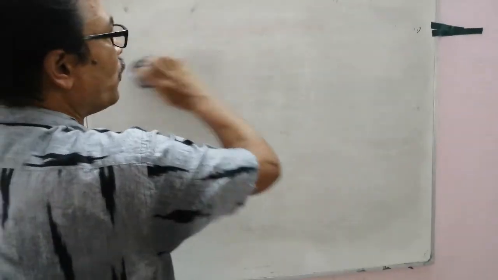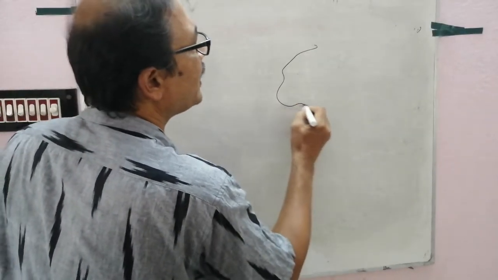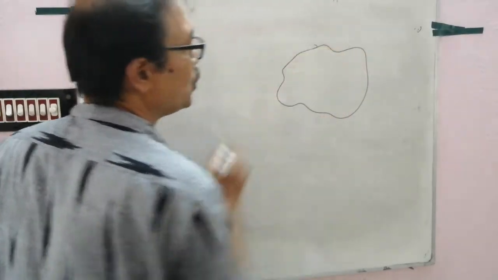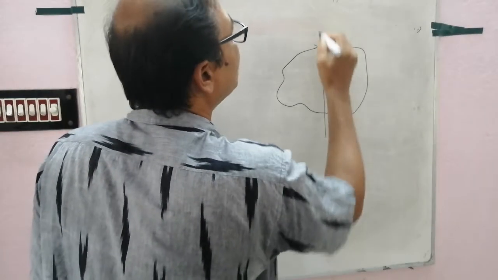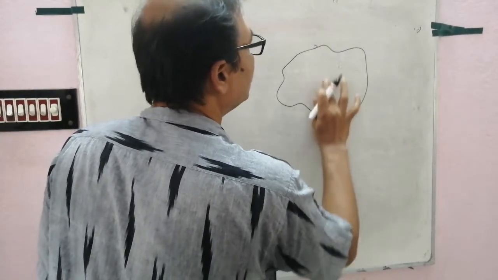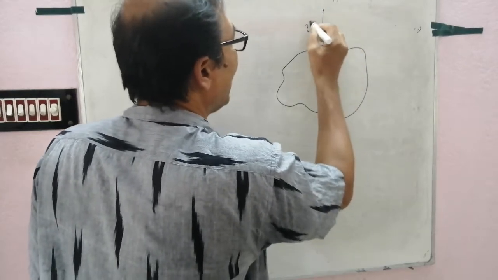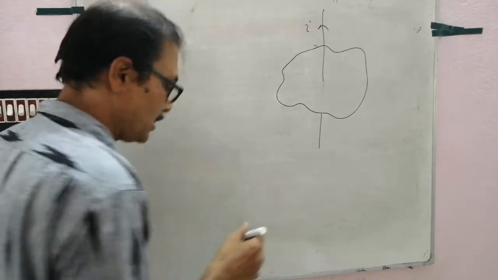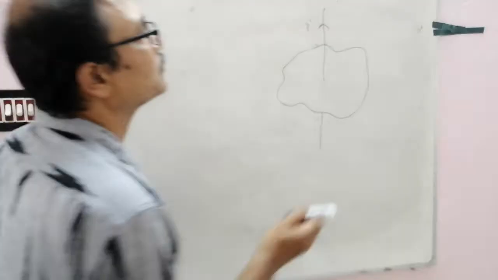A proof of Ampere's circuital law. Suppose this is an arbitrary irregular shape closed loop and this is current I. Let I be the current enclosed by the loop.